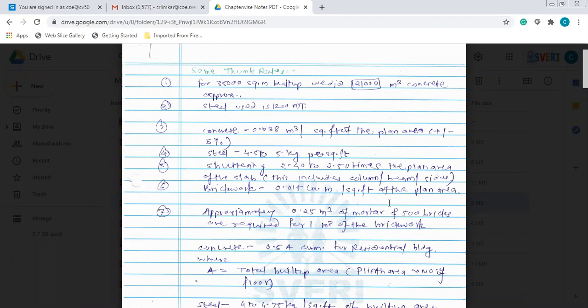So generally we require around 3.4 to 4 bags of cement per meter cube. For M5 we require 2.5 bags of cement. For M15 we require 6 bags of cement, and for M20 we require around 8 bags of cement.